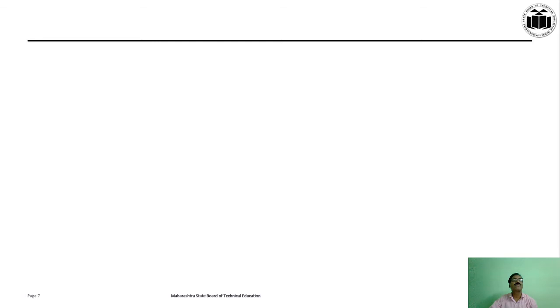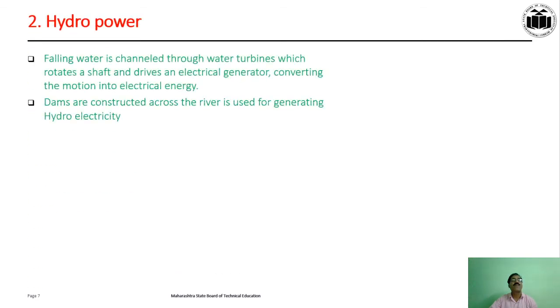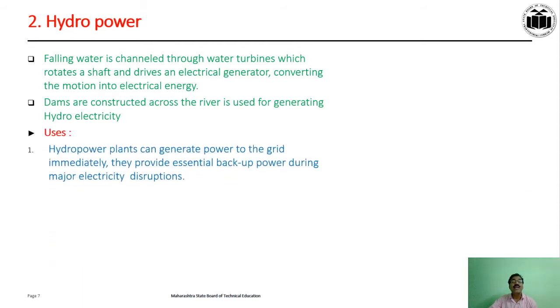Second use, hydropower, which means running water. Flowing water is channelized through a water turbine which rotates a shaft and drives an electrical generator, converting the motion into electrical energy. Dams are constructed across the river for generating hydroelectricity. What are the uses of hydropower?